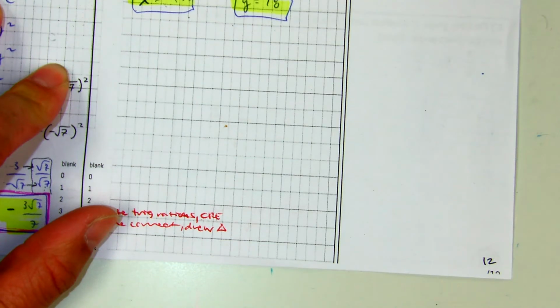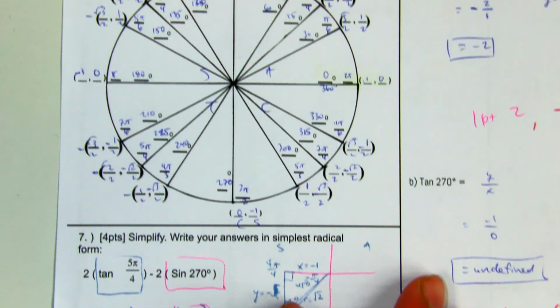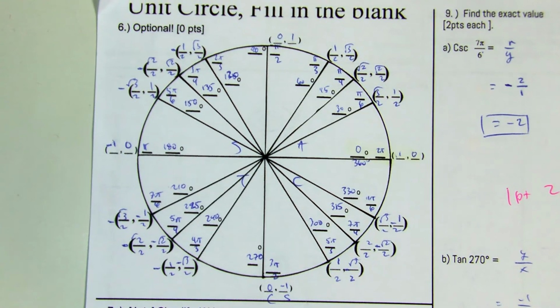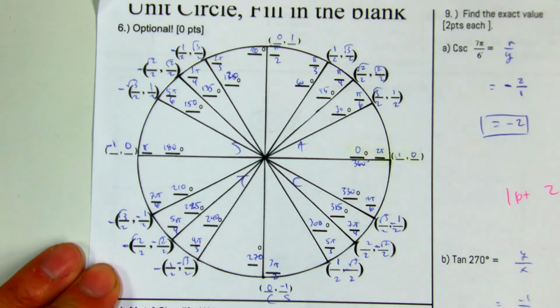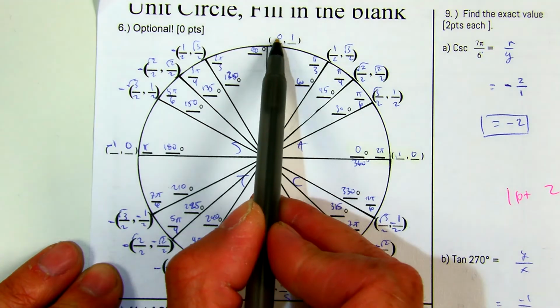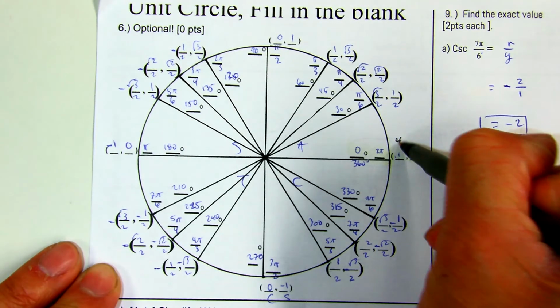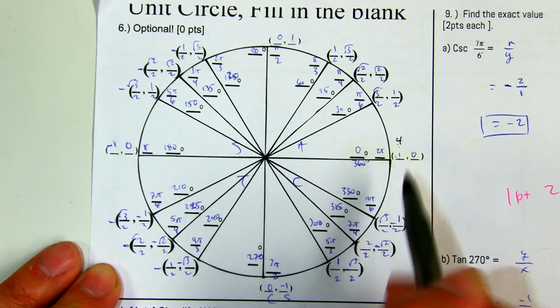Let's go to the back side. Remember, you did not have to use the unit circle. It was optional. And so if you didn't know my counting technique, I'm starting on the left side, 0, 1, 2, 3, 4. And then count down, 4, 3, 2, 1, 0.